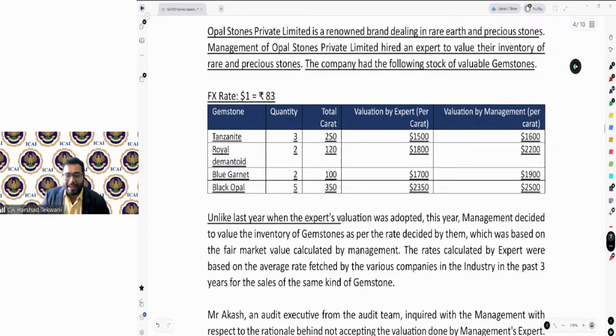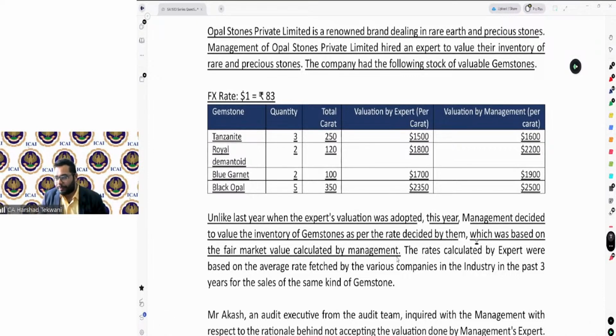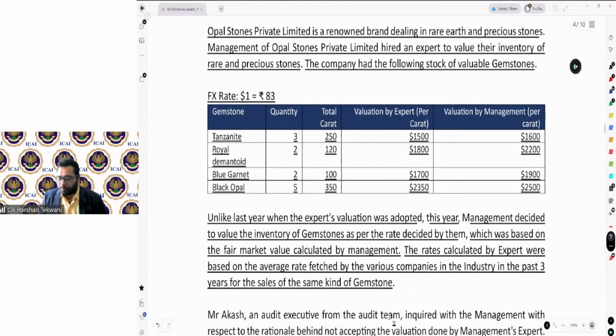Unlike last year, when the expert's valuation was adopted, this year management decided to value the inventory of the gemstones as per the rate decided by them, which was based on the fair market value calculated by the management. The rates calculated by experts were based on the average rate fetched by the various companies in the industries in past 3 years for the sale of the same kind of gemstone.